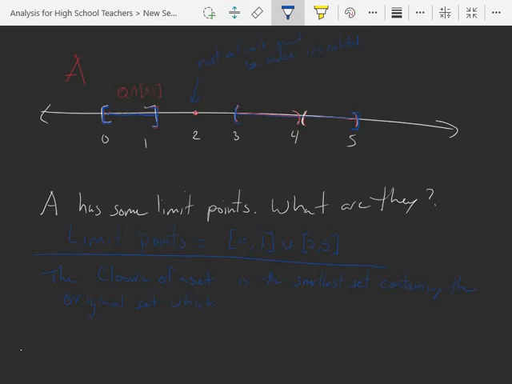This is A union the limit points of A. We'll call this A prime, the set's limit points, and the closure of the set is A union A prime.